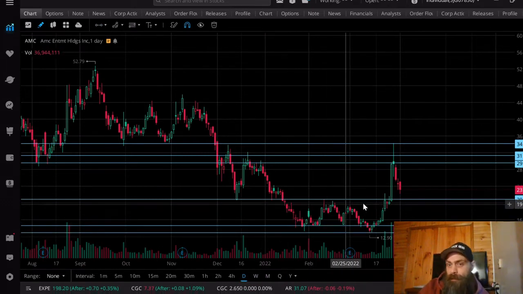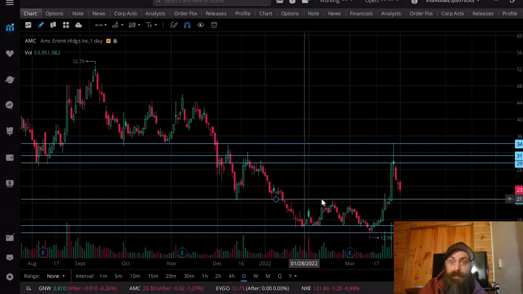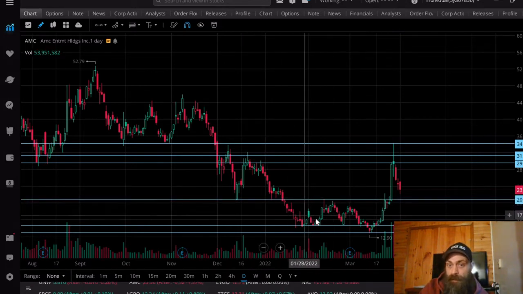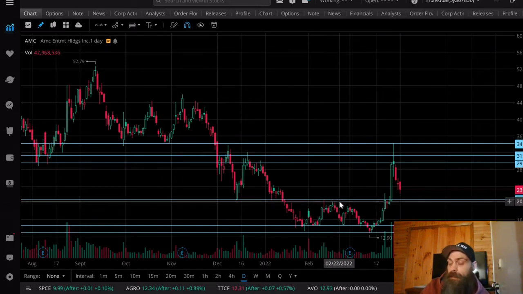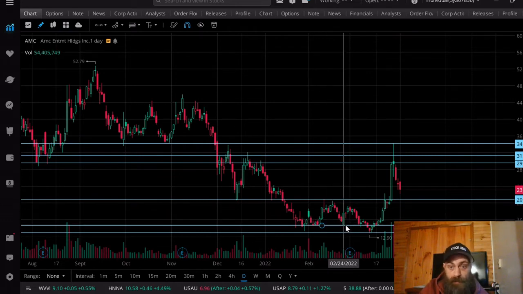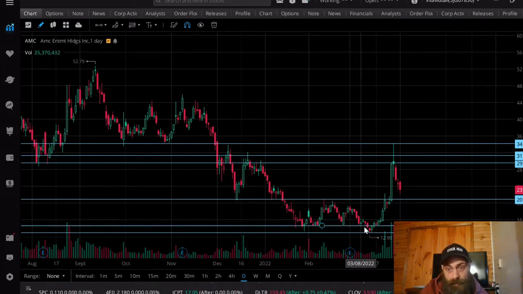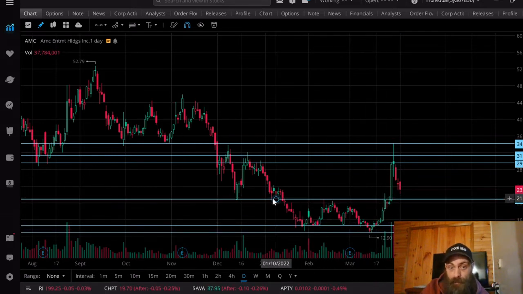So now you can see our old line of support is now resistance, where the price has come up and tested this line multiple times, but has failed and has come back down and bounced off our support line. Even down here, support line. Okay, and has come back up, has tested and pushed through this line of resistance.